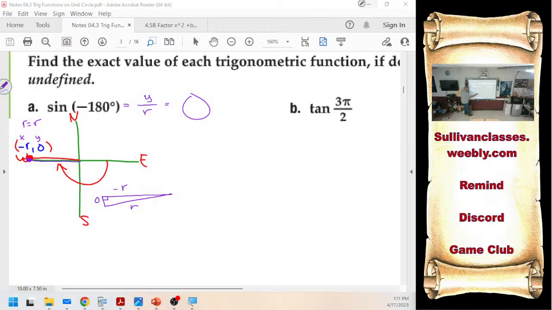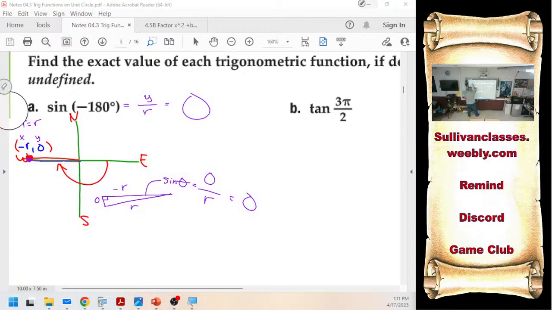Then sine of this angle is opposite over hypotenuse, still 0. Okay? So either triangle version or coordinate version.